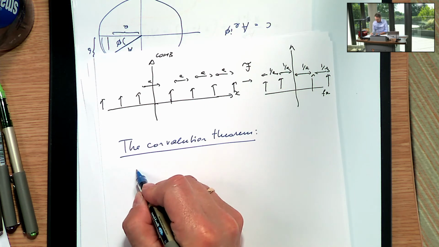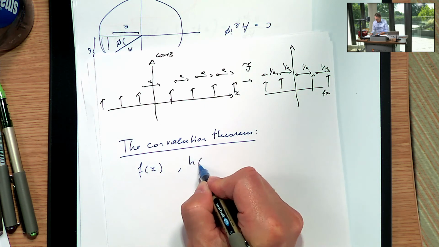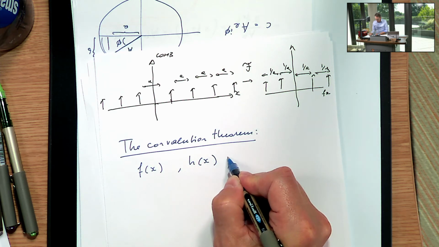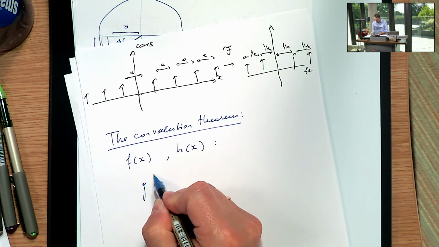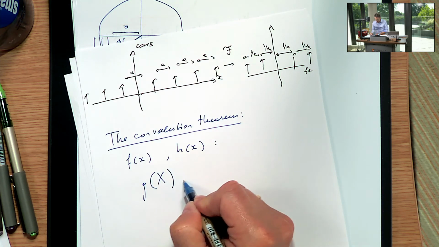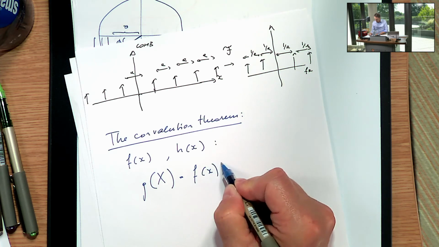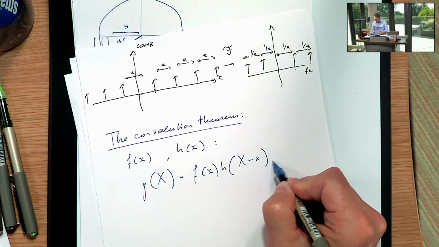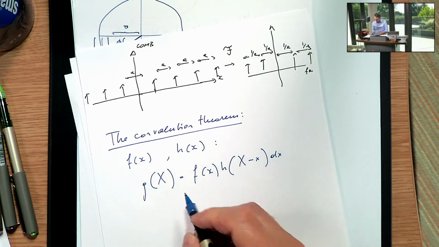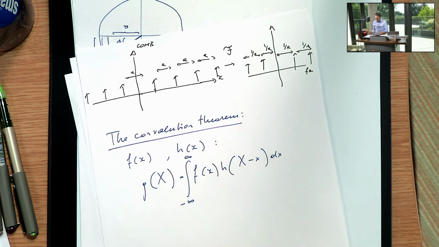If you have two functions, f of x and h of x, then the convolution of these two functions is g of big X equals the integral of f of x times h of (big X minus x) dx, between minus infinity and infinity.